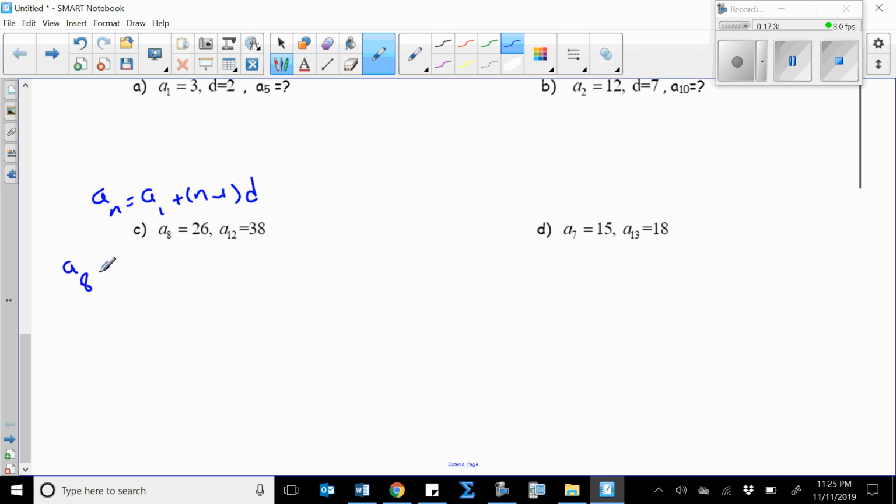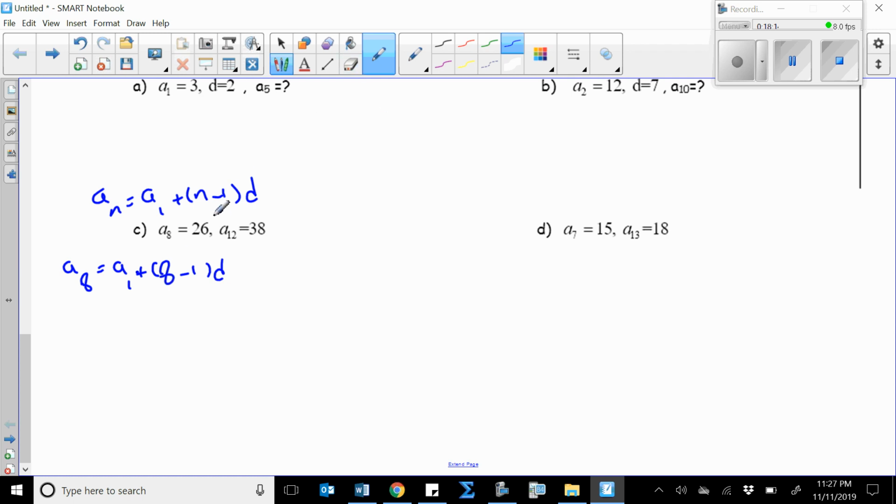A8 is equal to A1, based on the formula that we have here, A1 plus n minus 1 times D. But what is n? It's 8. So I'm going to replace n with 8. Then 8 minus 1 is equal to 7.